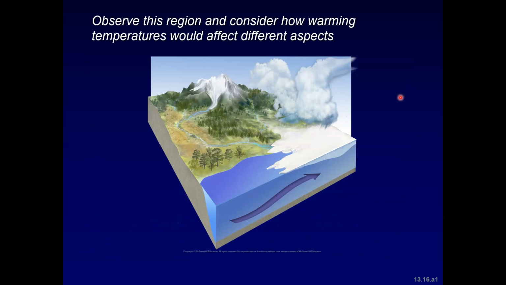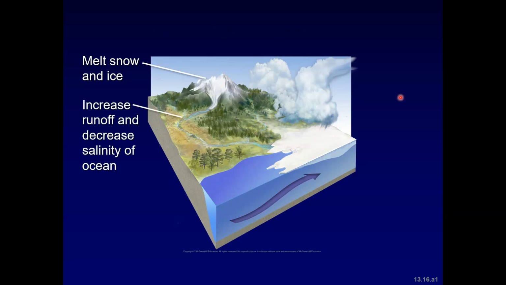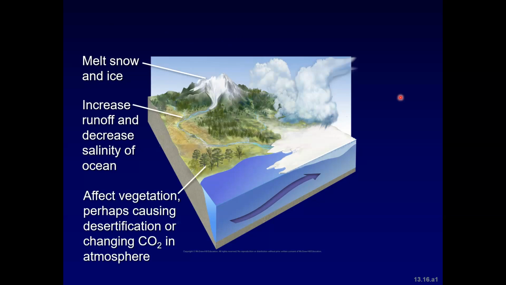Okay. We'll look at this region and consider how warming temperatures would affect different aspects of it. Well, if you up the temperature, you'll melt snow and ice. You'll increase runoff and decrease the salinity of the ocean. And that'll affect vegetation. We could have a drought, which leads to desertification, as well as changing amounts of CO2 in the atmosphere.